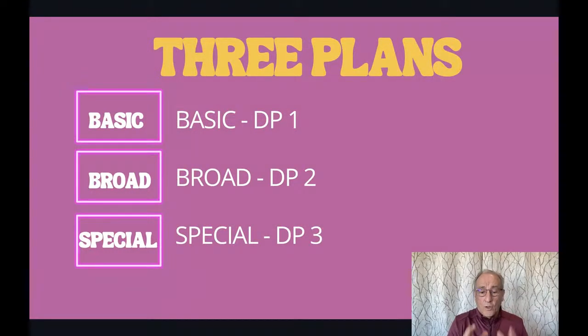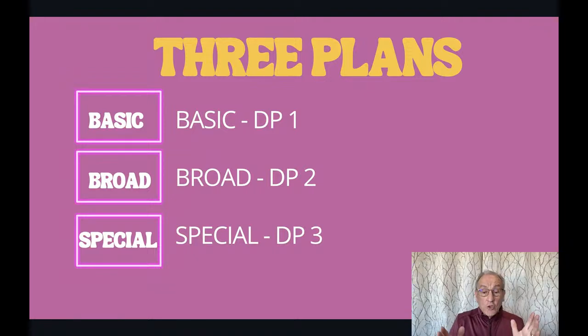Now, what we're going to do with the dwelling policy is we have to learn 3 types of dwelling policies. That's all. And I'm going to teach them in what I call my pizza story. Okay. You have a DP1, dwelling policy 1, which is called basic, DP2, which is called broad, and DP3, which is called special. If you're afraid you won't remember that, that's information you would put on flashcards.